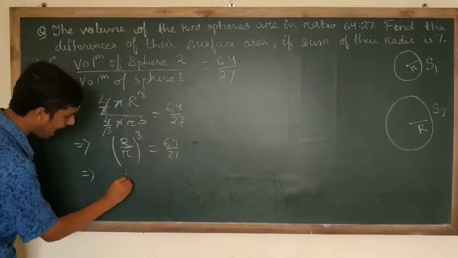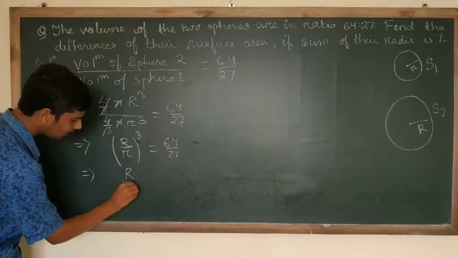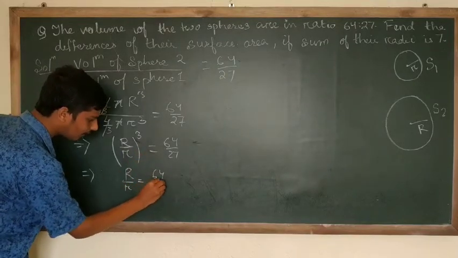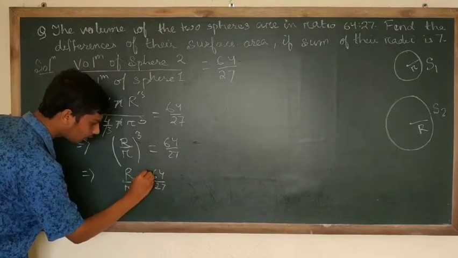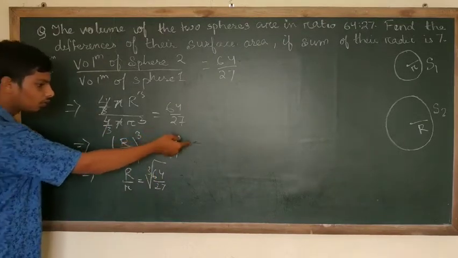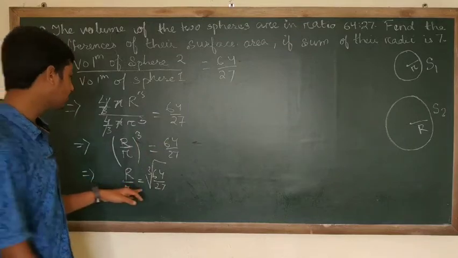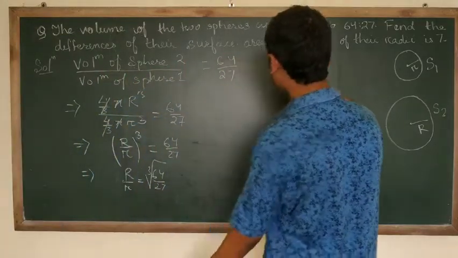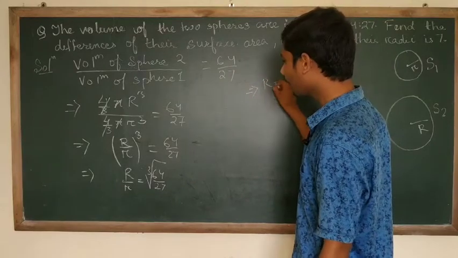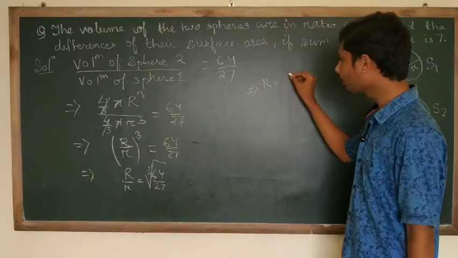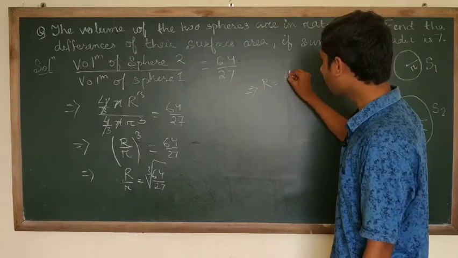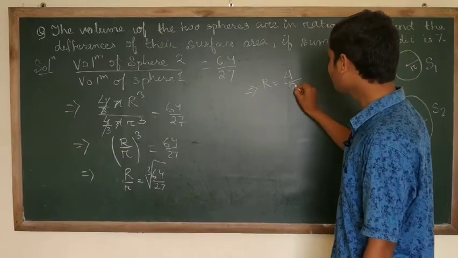This implies that R by r is equal to the cube root of 64 by 27. Here it is cube, so on the other side it will be the cube root. The cube root of 64 we already know, you can do it with prime factorization, which is 4, and for 27 it is 3.